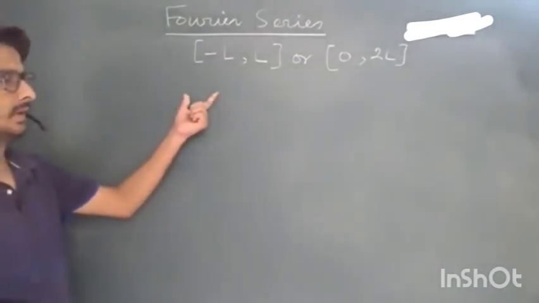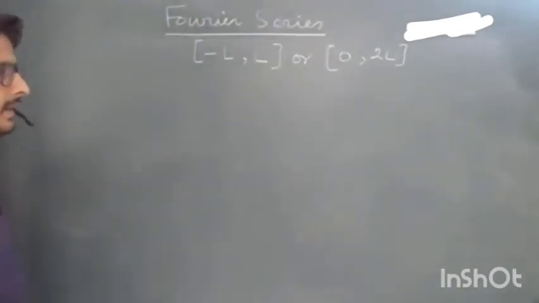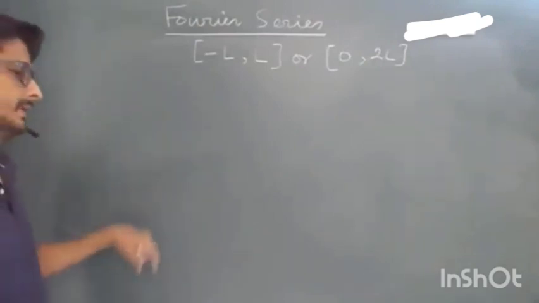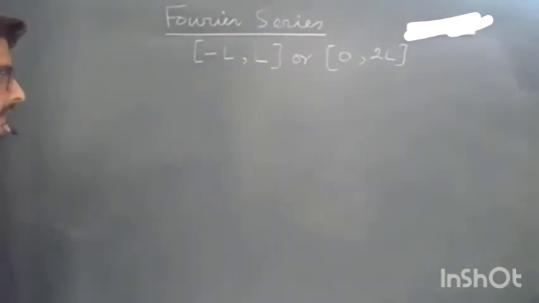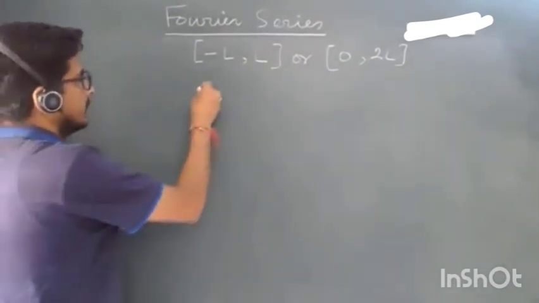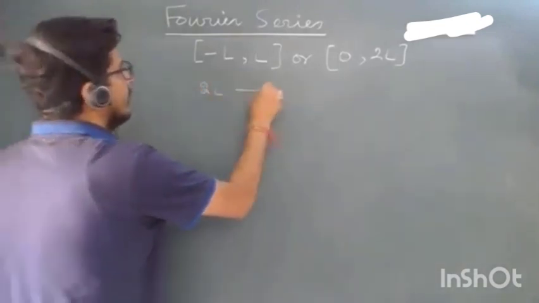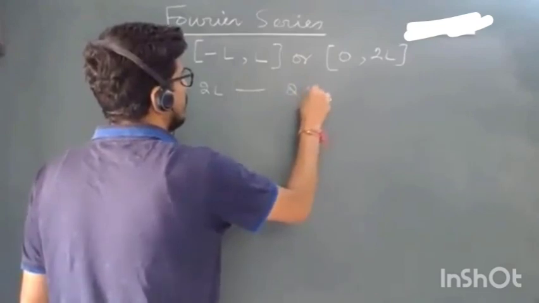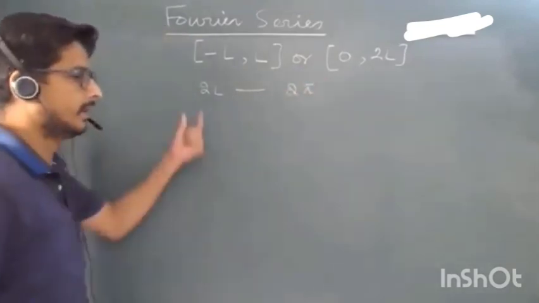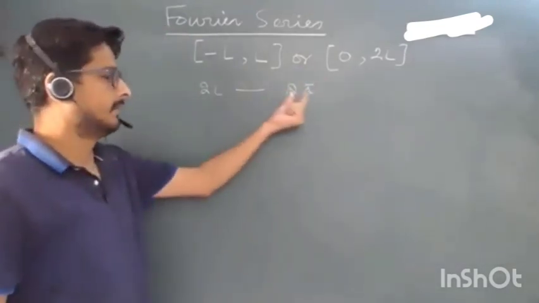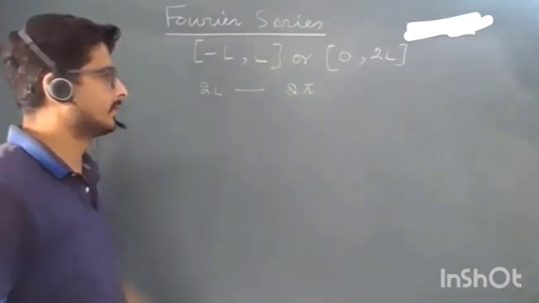So what we will do is, we will just use our unitary method and I will convert the period into the pi scale. So how we will do that? For 2L, we want to write 2 pi. So now the period is 2L, but we want to write in the scale of 2 pi.